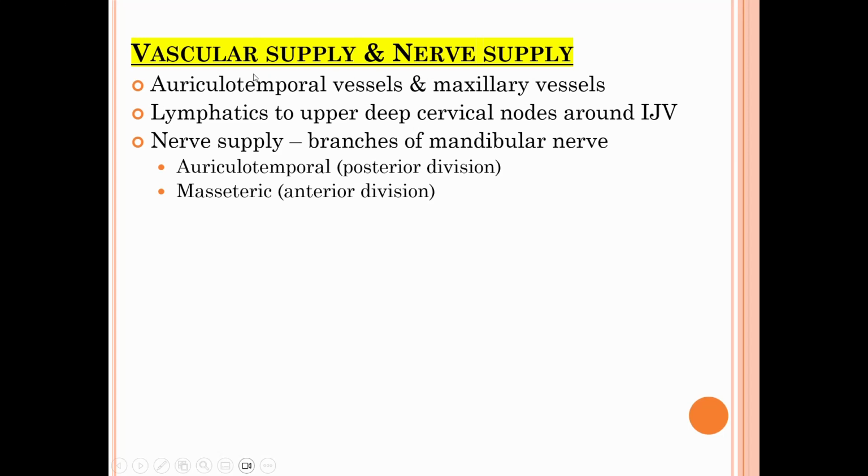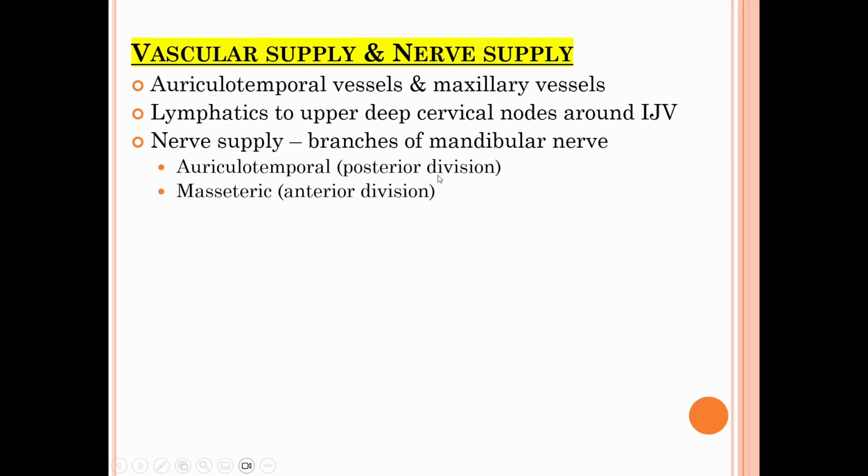Now what is the nerve supply and what is the vascular supply? Obviously, not actually auriculotemporal vessels, but the branches from the maxillary artery which supply, and nerve supply is the auriculotemporal nerve, okay.